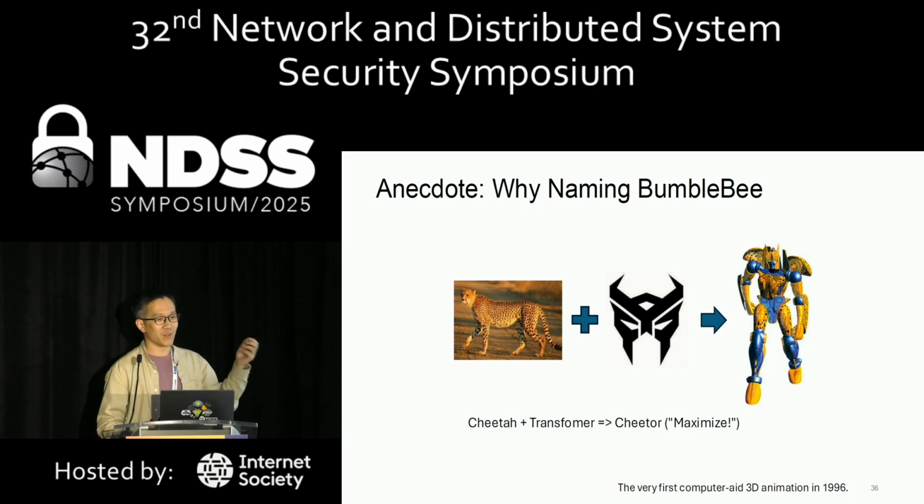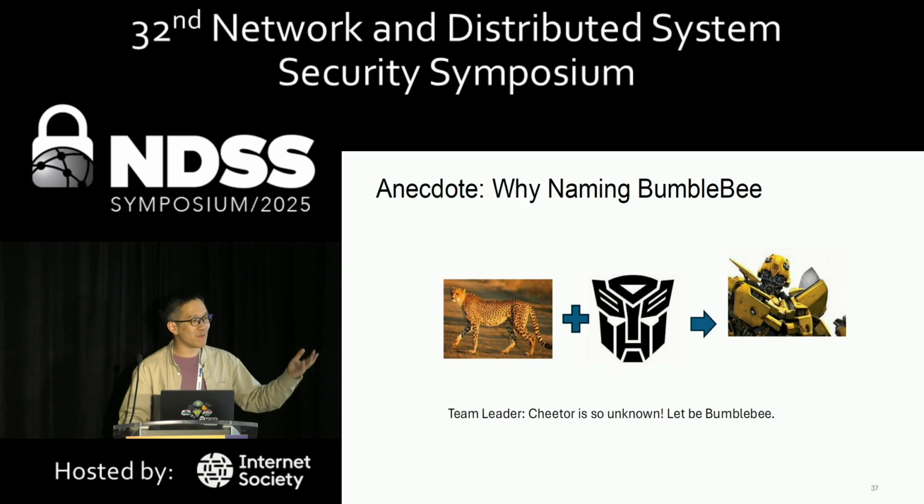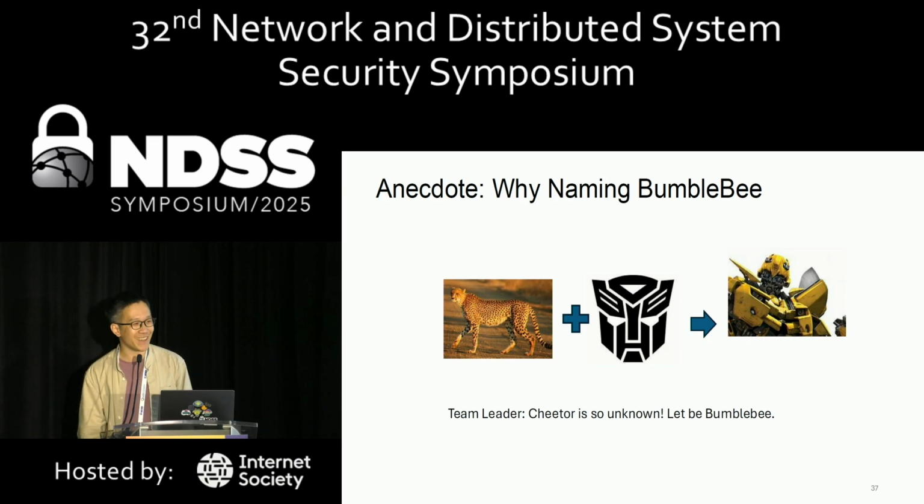I wanted to name this new project Cheetah, because Cheetah plus transformer is another transformer. It's an animation from almost 13 years back, but my team leader said Cheetah is so unknown, let's use BumbleBee, which is more famous. That's it. Thank you.